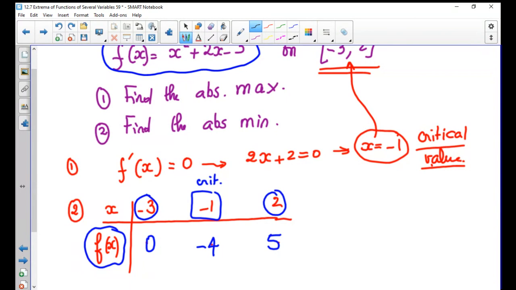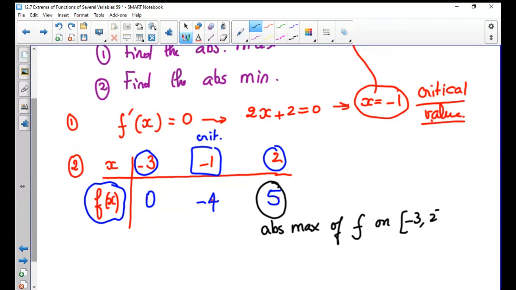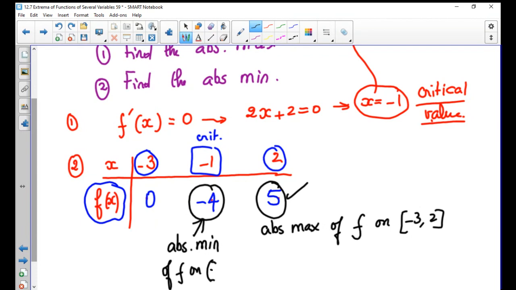Which one is the largest? 5. So 5 will be the absolute maximum of f on the interval -3, 2. Its biggest value will be 5. What is its absolute minimum? -4, that's it. That is the absolute minimum of the function f on the interval -3, 2.